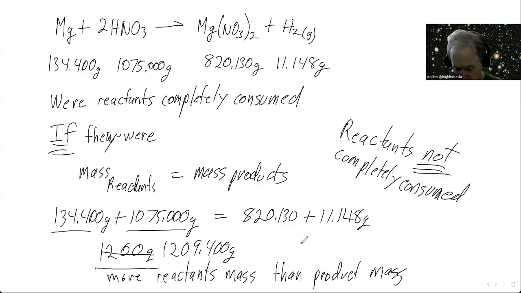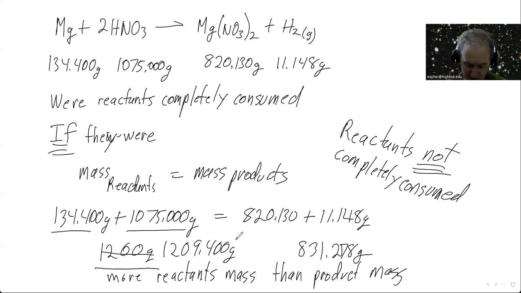And over here, we've made 831.278 grams of product, right? So there's a missing mass there of over 370 grams. There's a lot of mass missing, and it's left in one of these two.